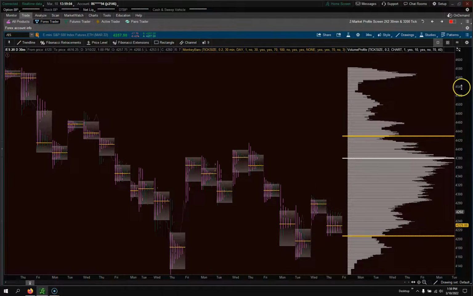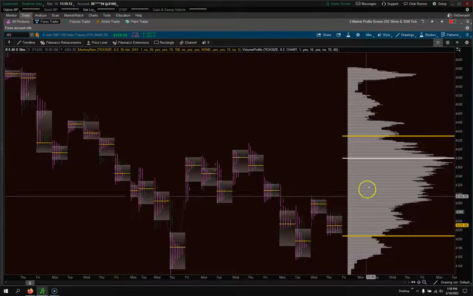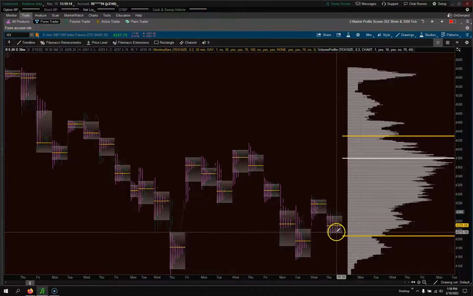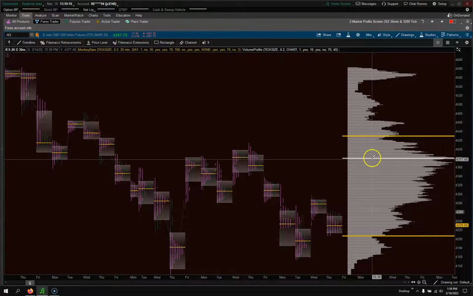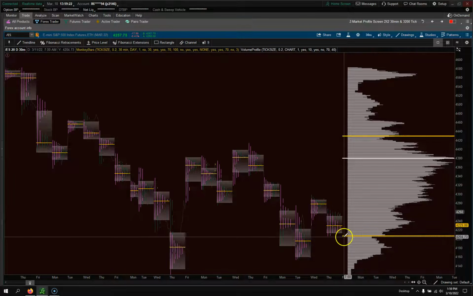It's good to look at the profile as more of a lean back: where could price potentially bounce? Over here we have value area low. Look at the low from this day, came right down to our value area high, right?